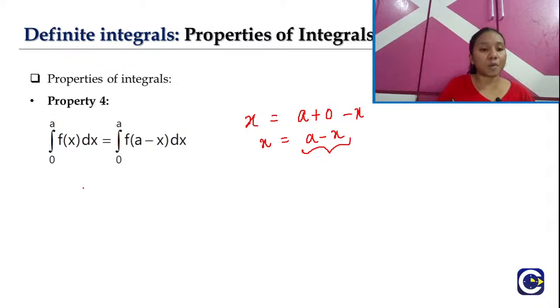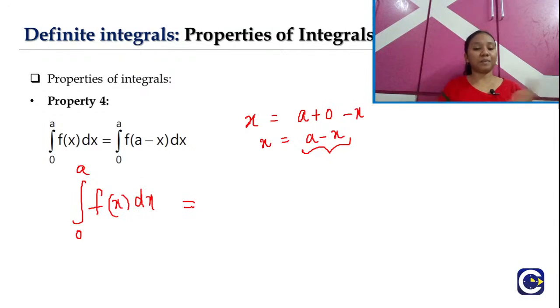Right, so what is our property? If we are having an integration of function f of x with limit 0 to a, then in place of x, we can replace that with the sum of these two limits, that is a plus 0 minus x. That means directly a minus x, because one of the limits here is 0.